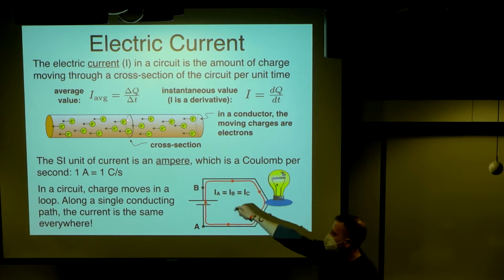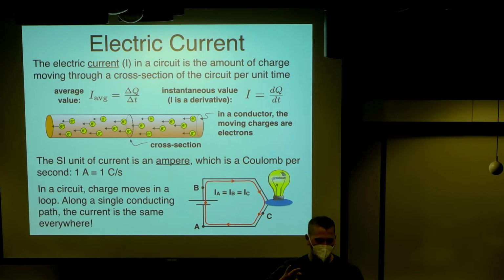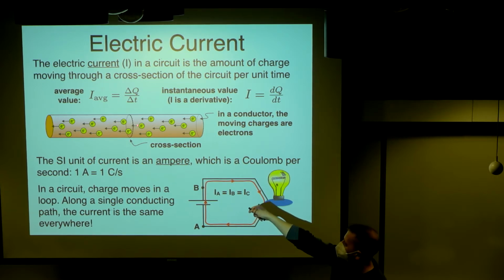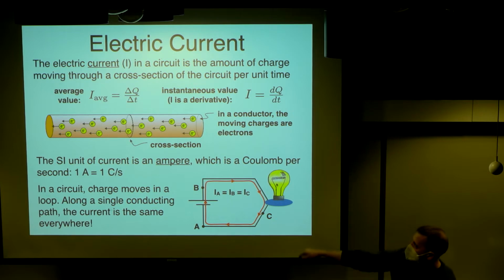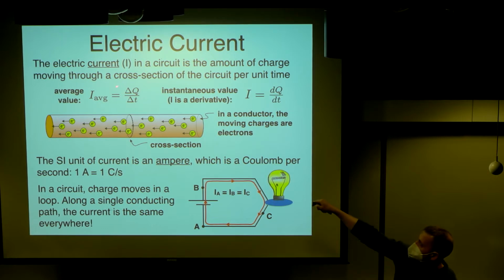And typically that's going to be a circular cross section because wires tend to have a cylindrical shape. And we're just asking the question, every unit time t, how much charge is passing through here? When I take the ratio of that charge to the amount of time that passes, that's going to give me the rate for those charges moving through, and that's my current.